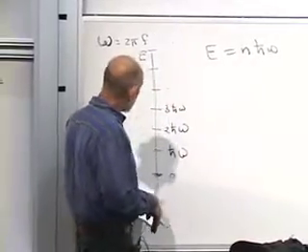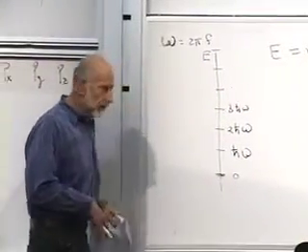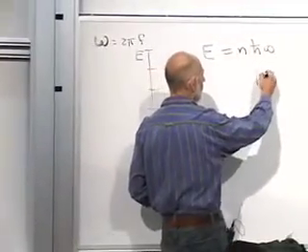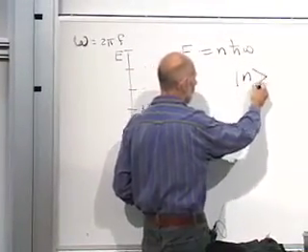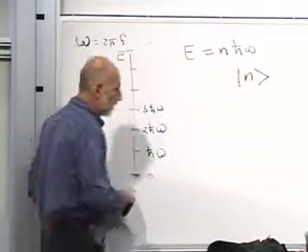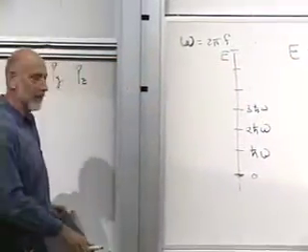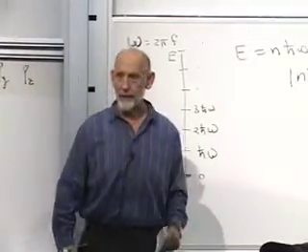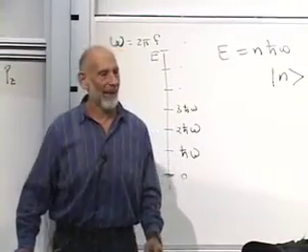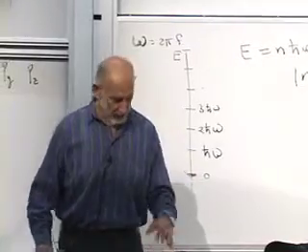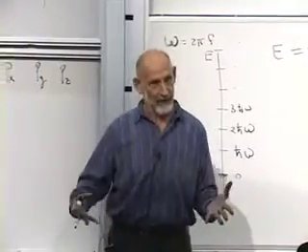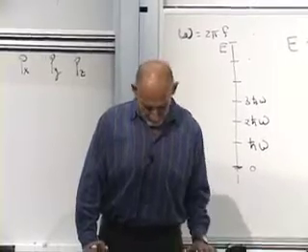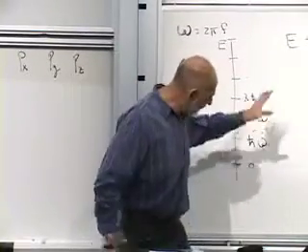We label the various states of the oscillator by an integer n, and it's conventional to label the states with a little pointy thing like that. It's called a ket. It's called a ket because it's the right-hand side of a bracket. But we don't need the bra end of it. We only need the ket end of it. Right? And, as I said, go back and study quantum mechanics.